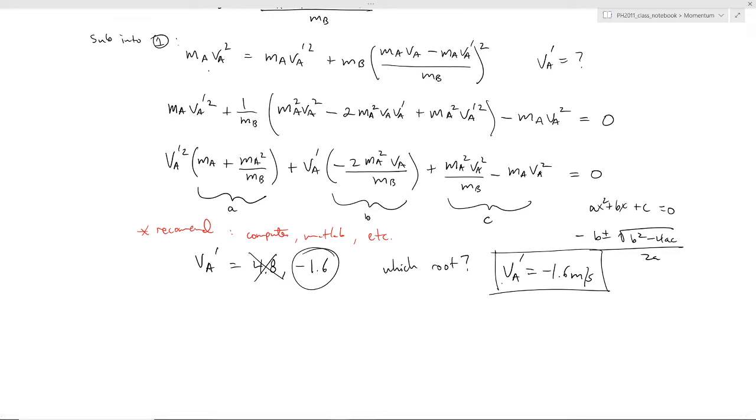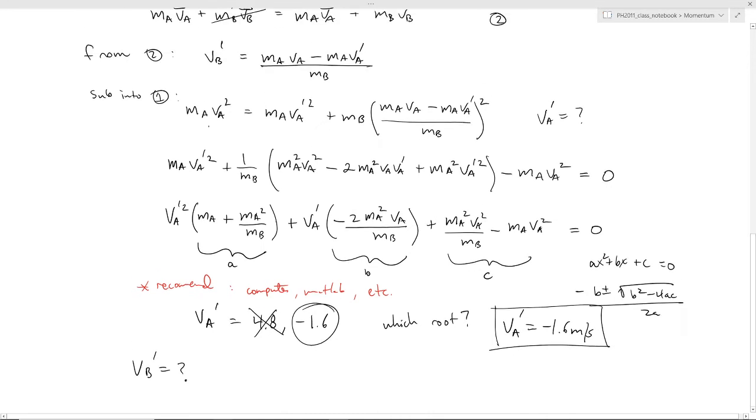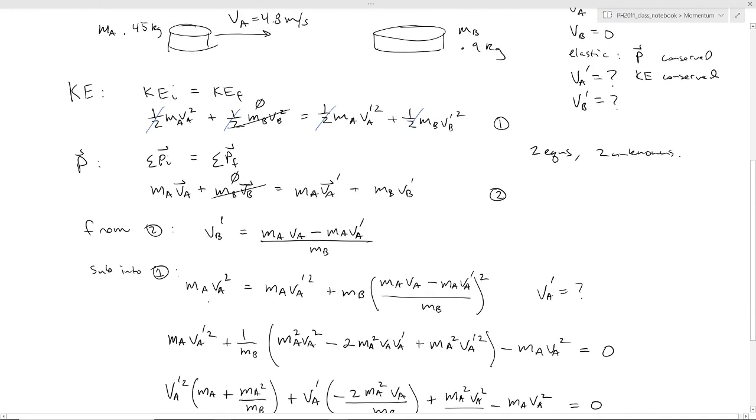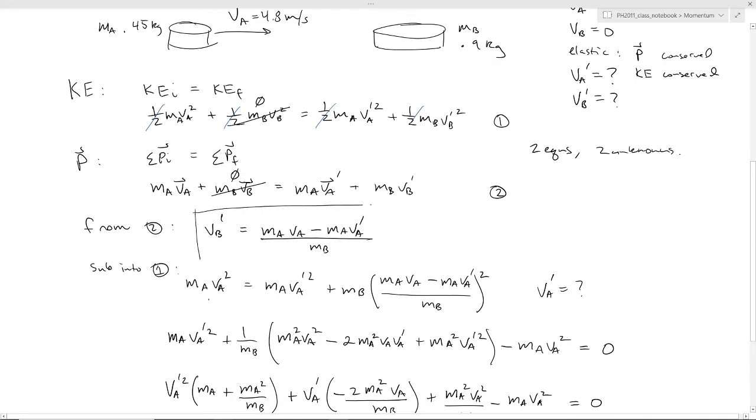Now, we also want to know what VB prime is, but that's easy. To get VB prime, remember our substitution from above was that VB prime equals MA VA minus MA VA prime over MB.